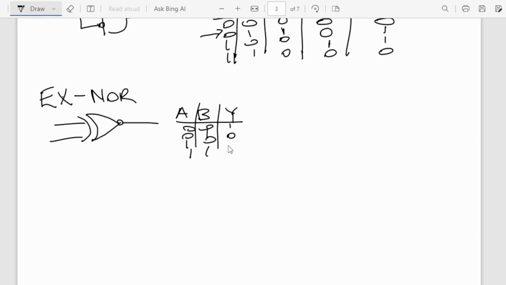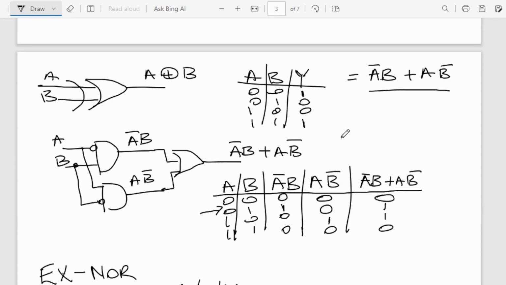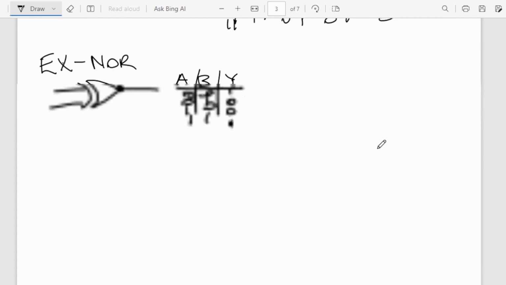And when we have different inputs, our output is going to be low. Same way up here. So this was incorrect. This is the opposite here. Apologize for that. This should be 0, 1. So when we have different inputs, then the output is high.